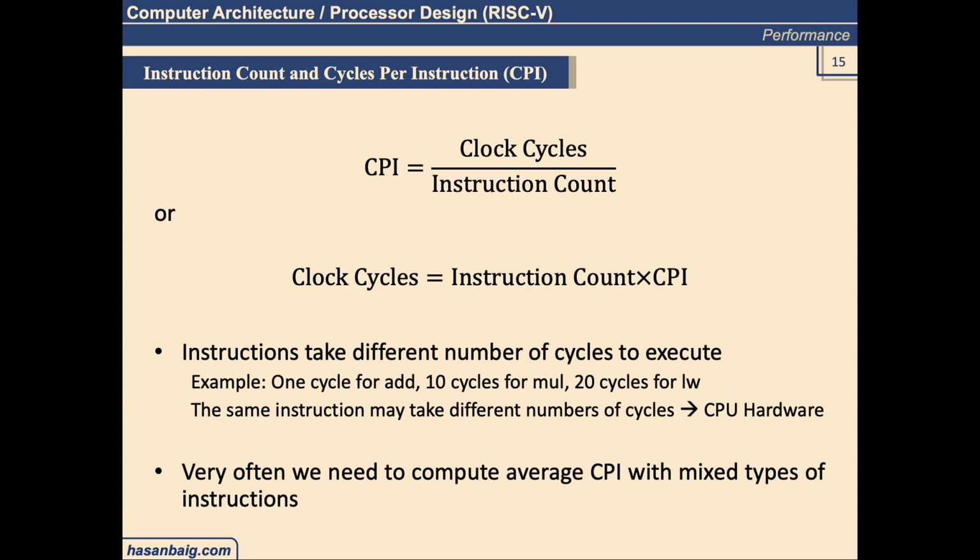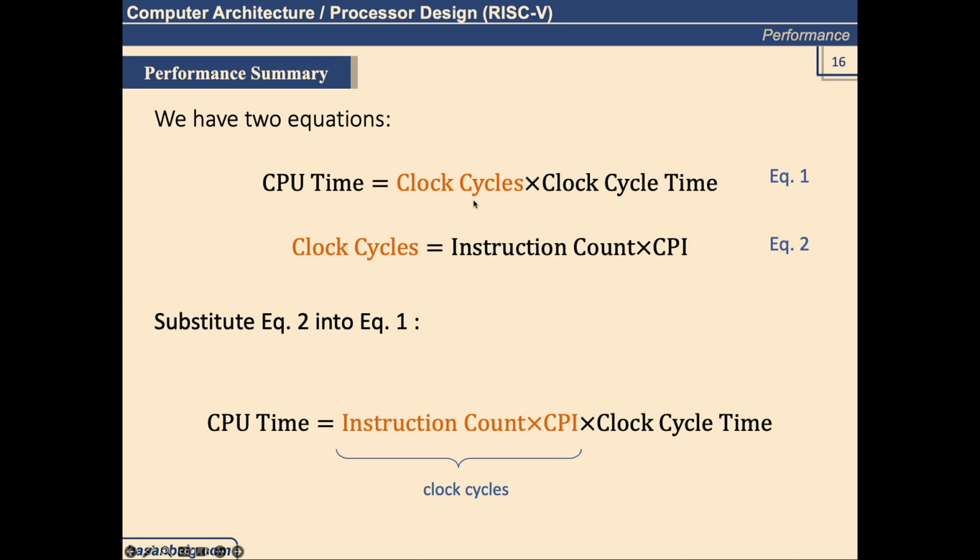So when you are given a task to determine the number of clock cycles taken by a program, you would always assume that you are given average cycles per instruction. We have studied two equations: CPU time, which is the number of clock cycles times the clock cycle time, and we have a formula for clock cycles, so we can put one into the other and get a new one.